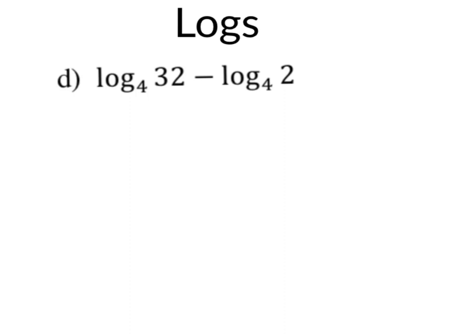So the last one that we're going to do is really interesting because it is a log that we couldn't solve before, but now we can. So we have log base 4 of 32 minus log base 4 of 2. Since it's subtraction, we can use the quotient property, which means it is log base 4 of 32 over 2.